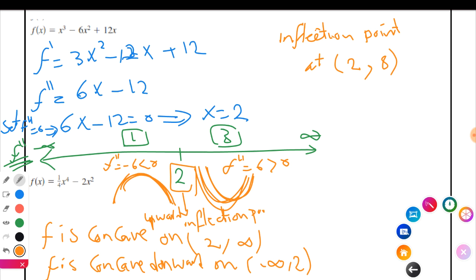Understand? Here, concave upward on this interval, concave downward on this interval. I hope you understand.